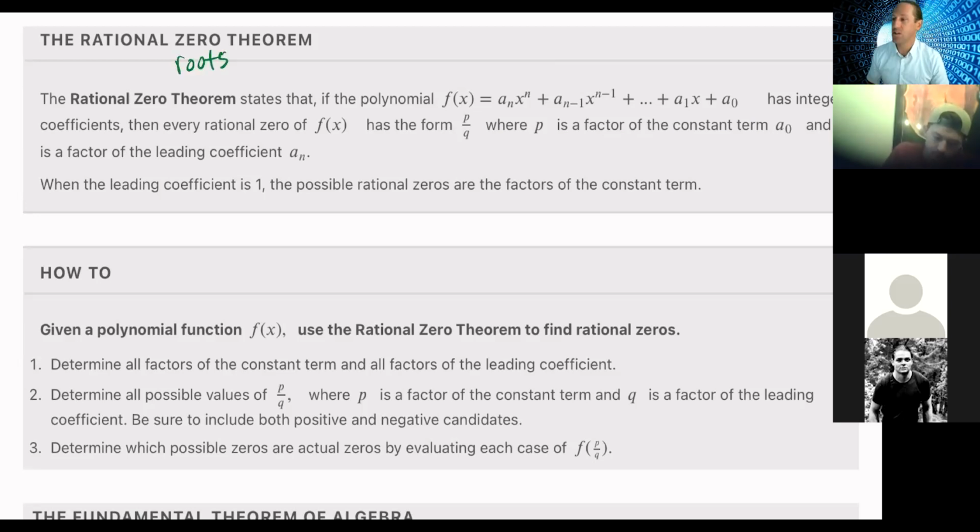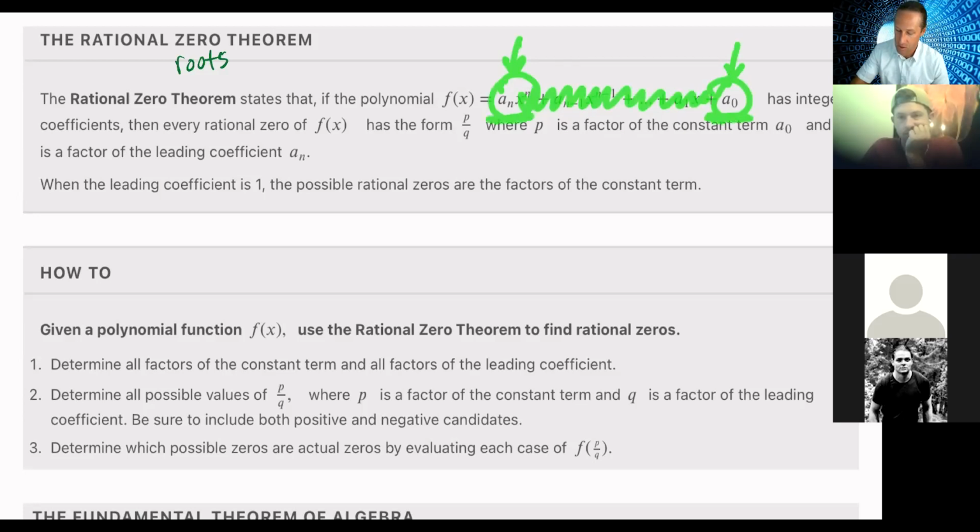Because these solutions, these roots, these zeros that we're going to be finding are the key to this entire thing. And what we're going to do is focus on both the end and the beginning of this. And of course, not all of the other stuff and not even the x's. We're going to focus on the numbers, the coefficients of these things.